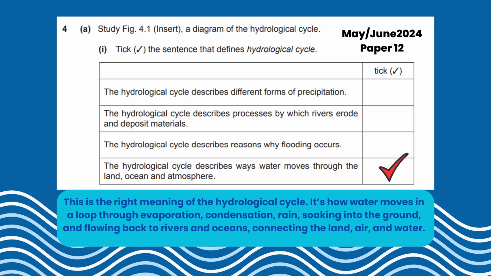This is the correct definition of the hydrological cycle, also known as the water cycle, because it explains how water continuously moves in a cycle through processes such as evaporation, condensation, precipitation, infiltration, and runoff, connecting the land, ocean, and the atmosphere.